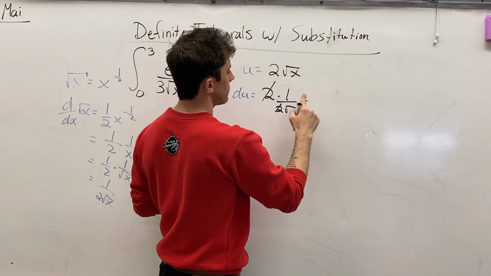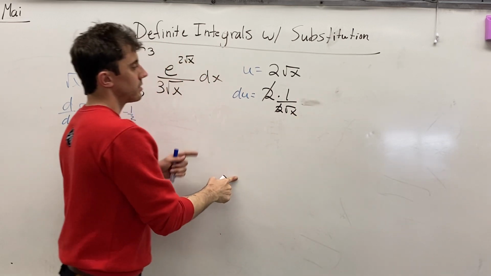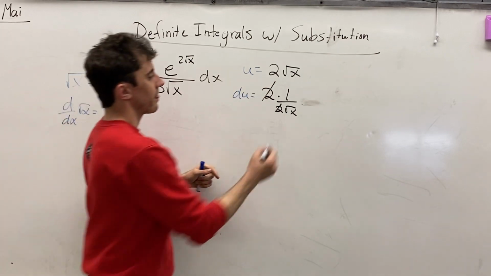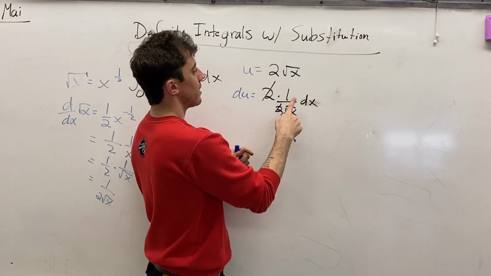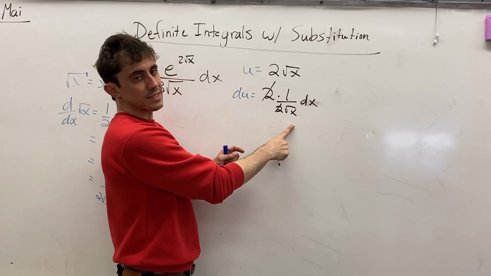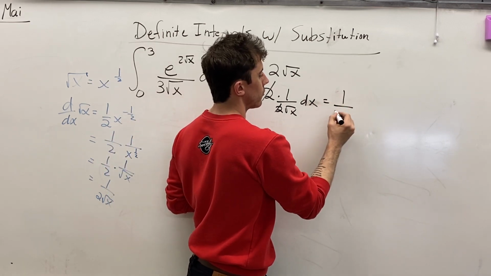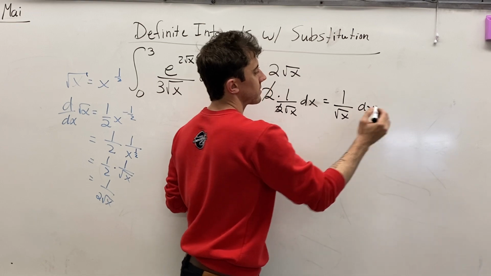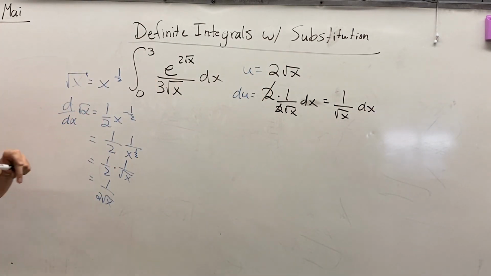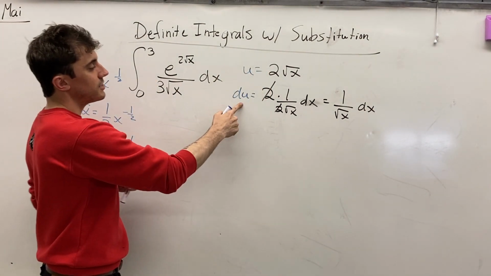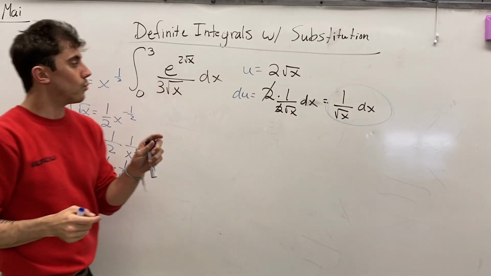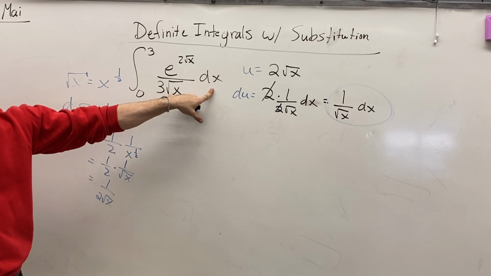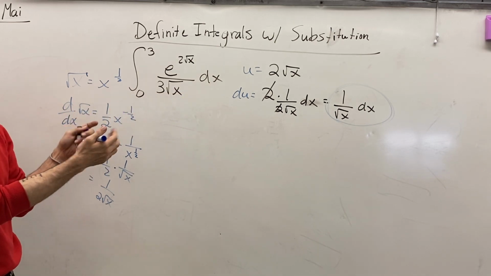I should add before I go any further, du is equal to that times dx. Let's not be forgetful. And now, in a simplified manner, we have 1 over root x dx, okay? So that means that we can substitute in du for this entire thing, 1 over root x dx. And maybe you're starting to see how that's going to play out.